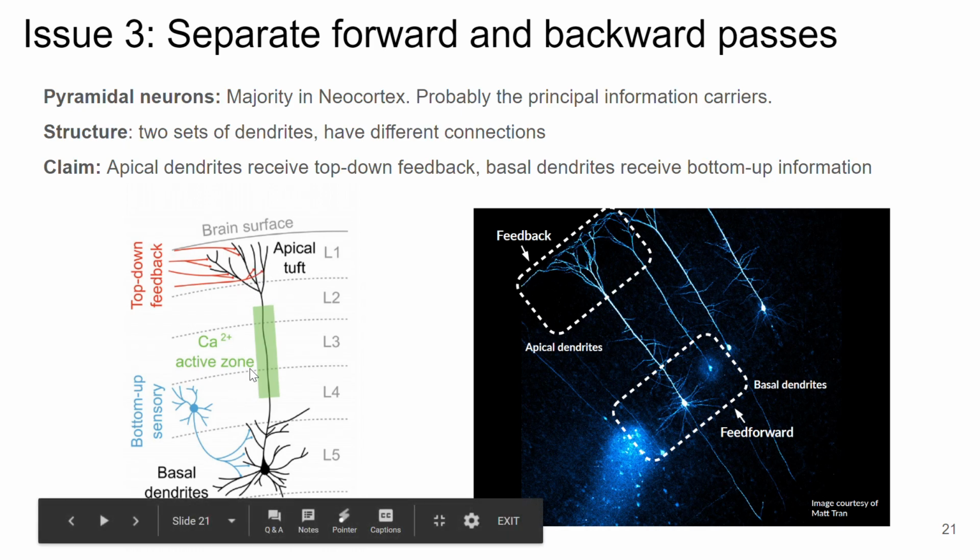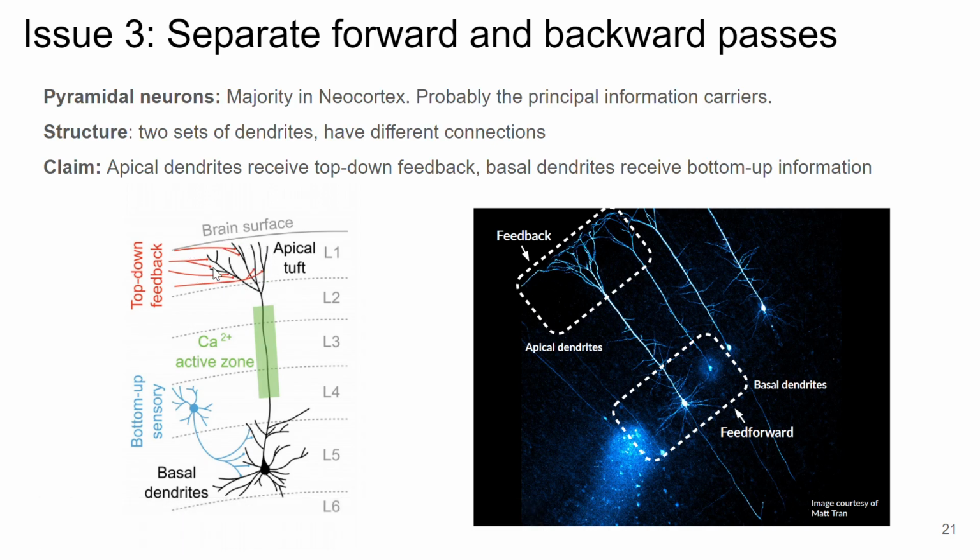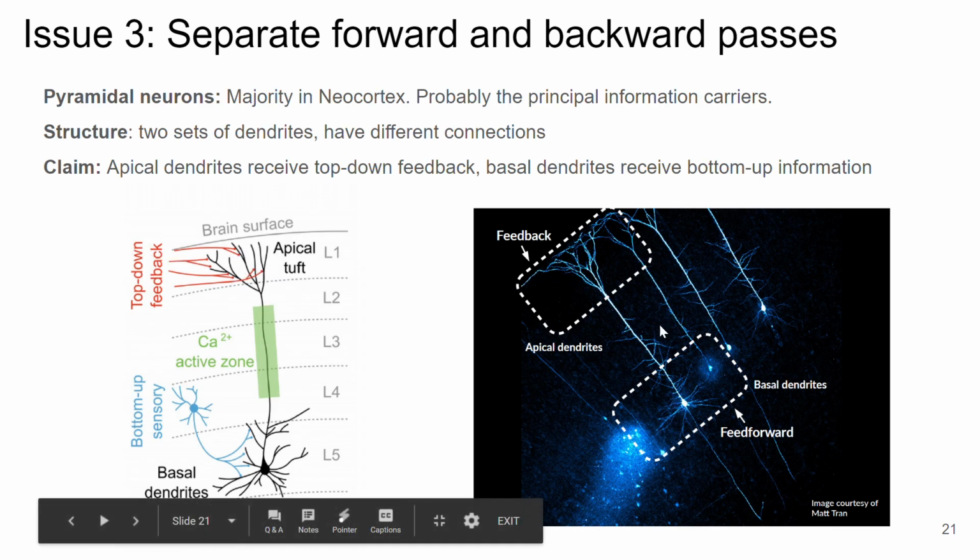So this cell seems to have two sources of input, one at layer 1 and one at layer 5. Neuroanatomically, we know that most of the synapses in the dendrites for layer 5 come from the bottom up sensory information, and most of the synapses on the apical dendrites come from the top down feedback. And this is a cool microscopic image of the same, and you can see the cell body here. These are the first set of dendrites called basal dendrites, and these are the second set called apical dendrites. And this is the axon.